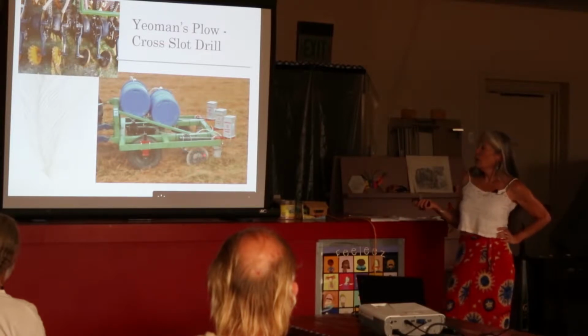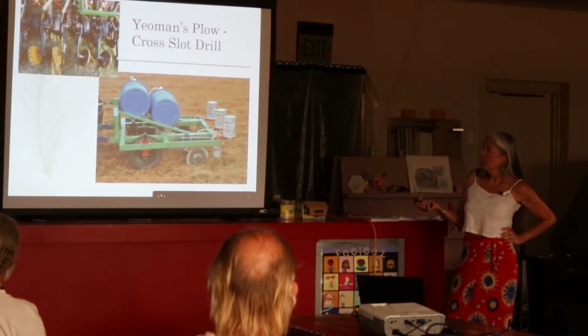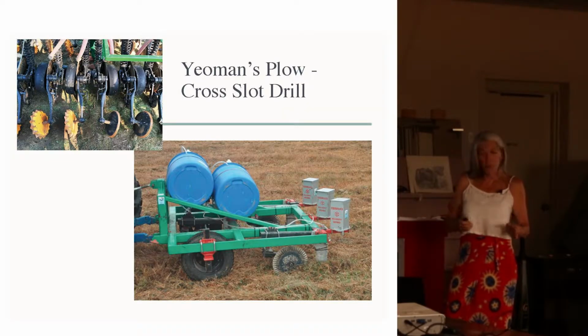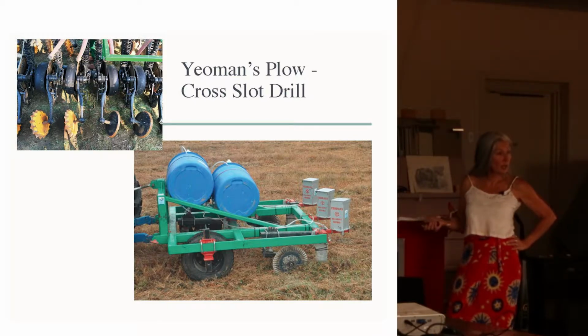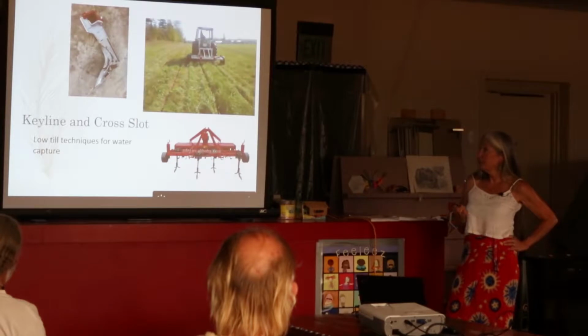While this is in a no-till setting, you're breaking the soil up in just a little line so you can drop in seed, but you can also drop in fertilizer. You can drop in biochar, seed. You can do it all at once, so you just make one pass through your field, and you've cut the sod as well as done your planting and fertilizing.